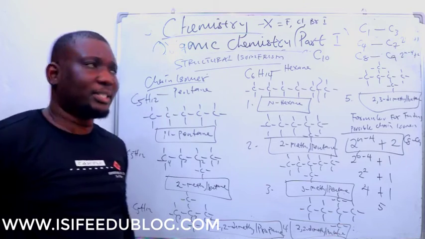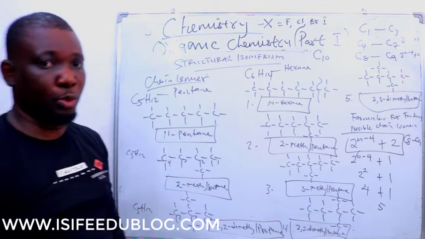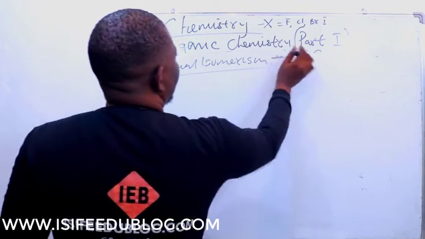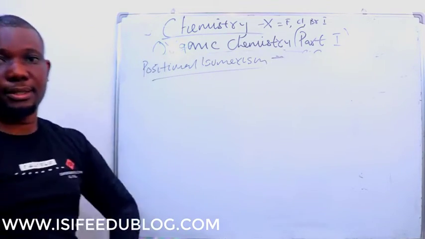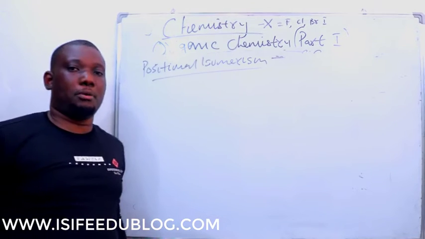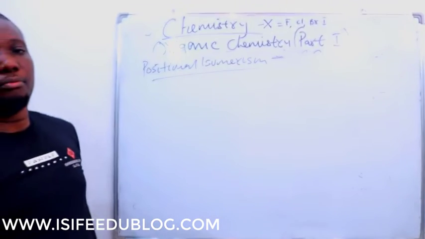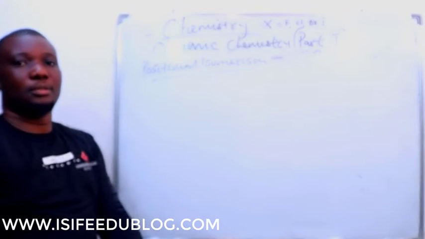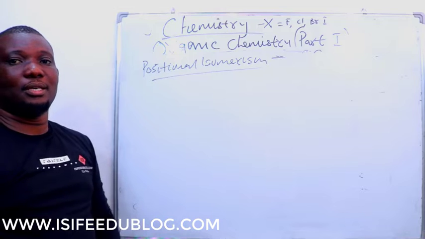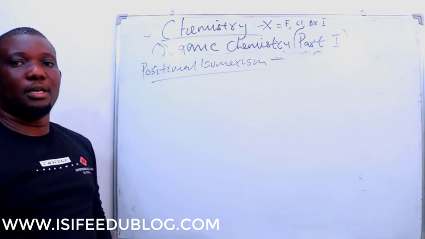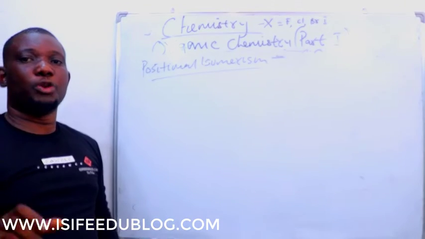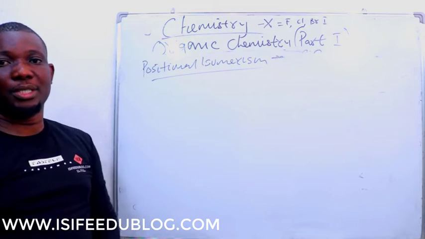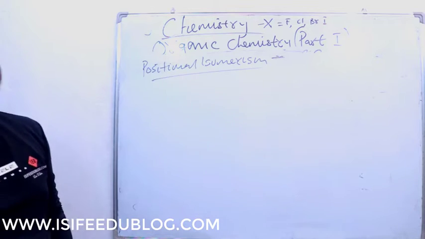Okay, let's look at the second type of structural isomerism, which is positional isomerism. Here the isomers have the same molecular formula but different structural formula, whereby the functional group appears at different locations on the carbon skeleton. I'll repeat.